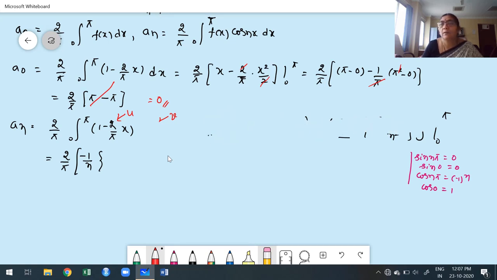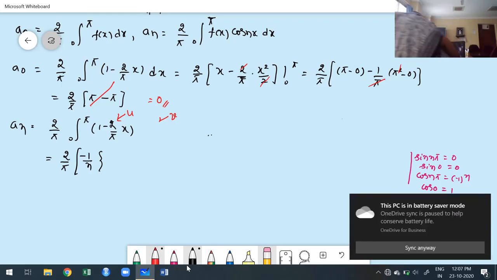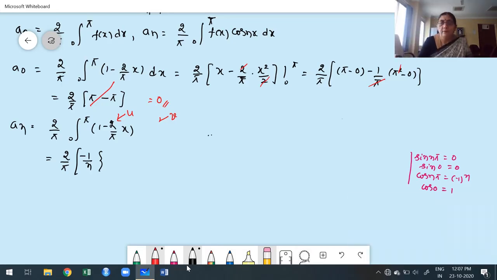Now what is this function actually? This function is not sine, it is cos. This is actually cos nx with respect to x. I'm going to do it once again.